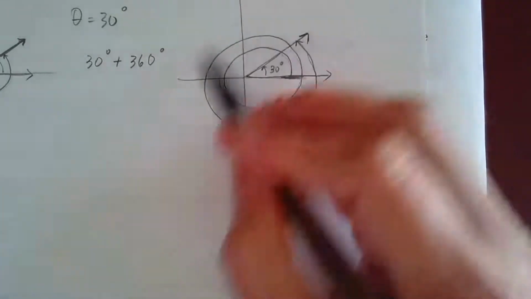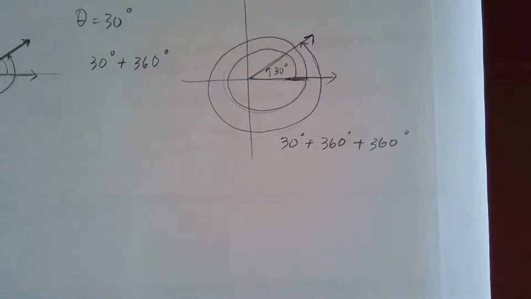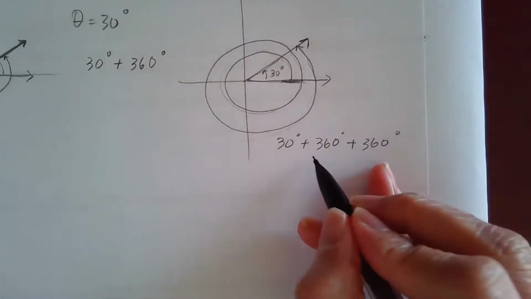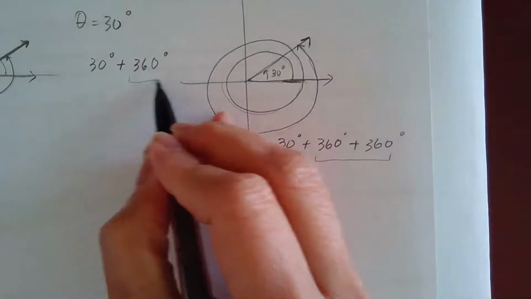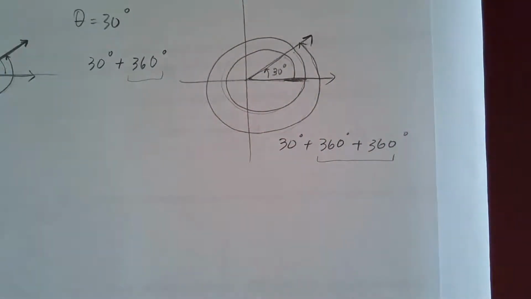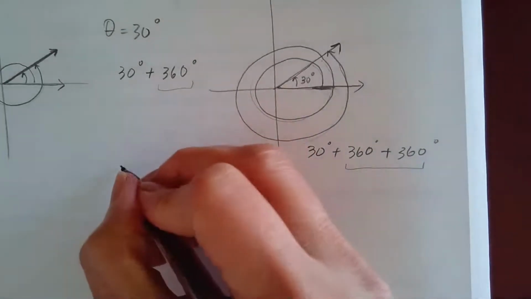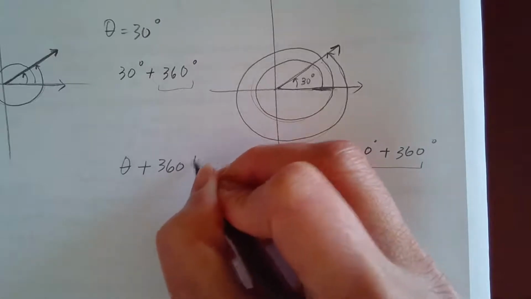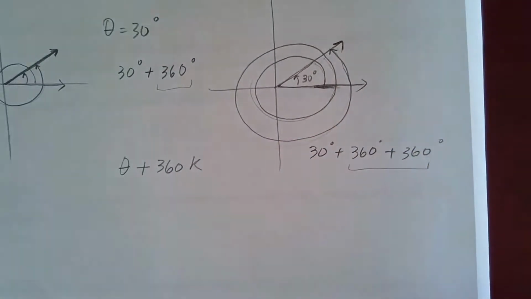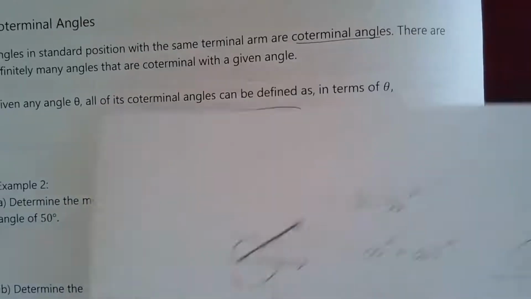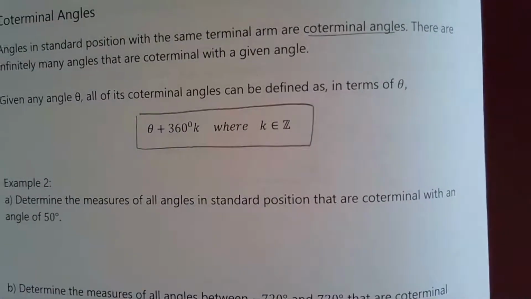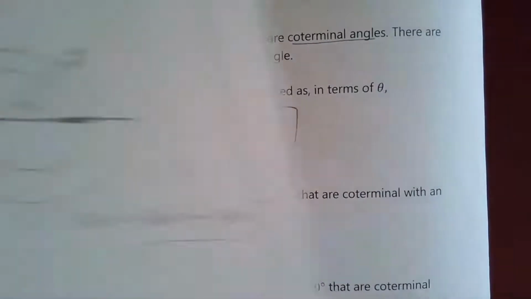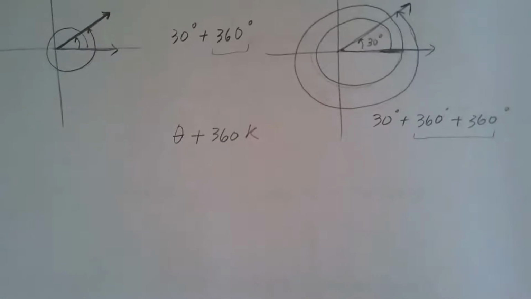Okay, so I can keep doing that so many times. And these just tell me how many 360s I have to turn. So that's where theta plus 360 times k comes from. And you're probably thinking, well, what's k? K is the number of times it's going to rotate. Now, those are positive angles. I'm going to bring it up again here.